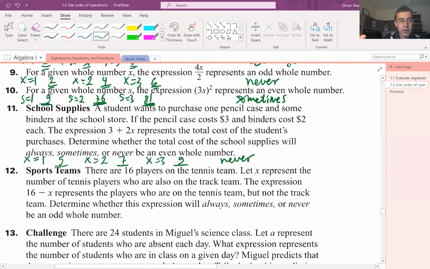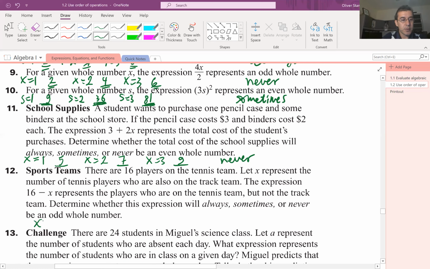Okay. Number 12, sports teams. There are 16 players on the tennis team. Let X represent the number of tennis players who are also on the track team. The expression is 16 minus X. It represents the players who are on the tennis team, but not the track team. Determine whether the expression will always, sometimes, or never be an odd whole number. Okay, so let's try it for a couple values.